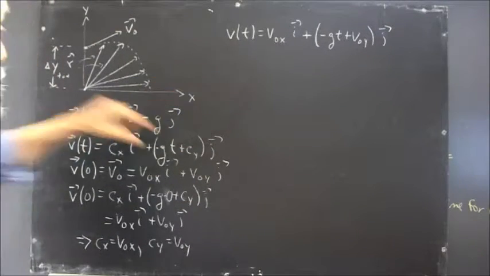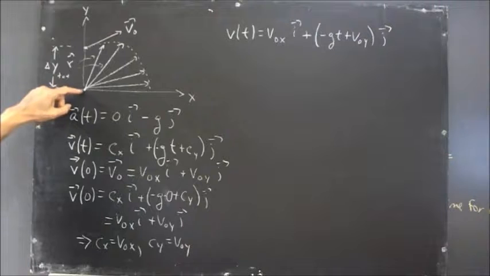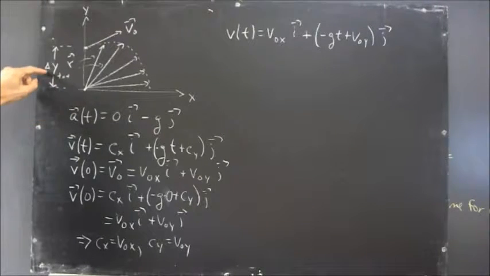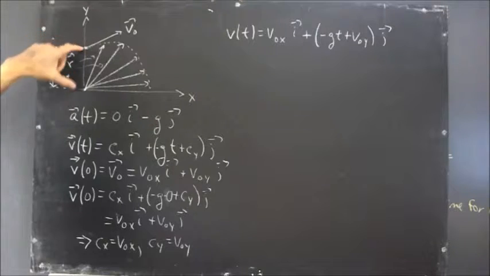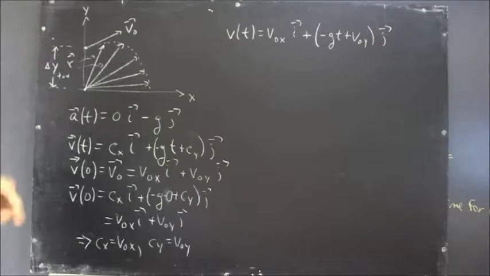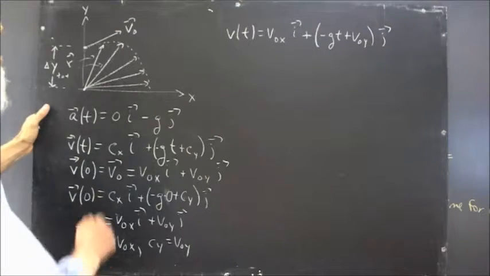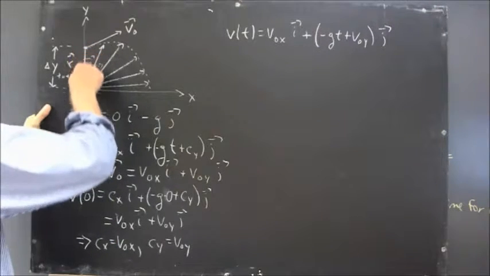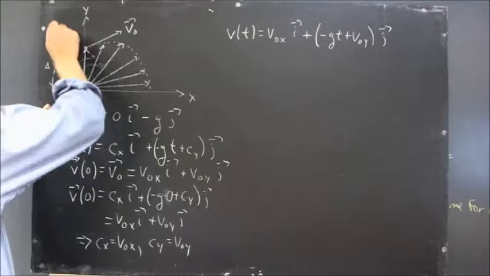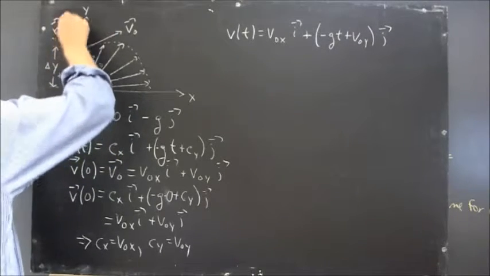Now we integrate this along with the condition that our initial position be what? It's going to be delta y total times j. The vector from here to here. That's our initial position, and we could actually sketch that vector. This is our r of 0 vector.